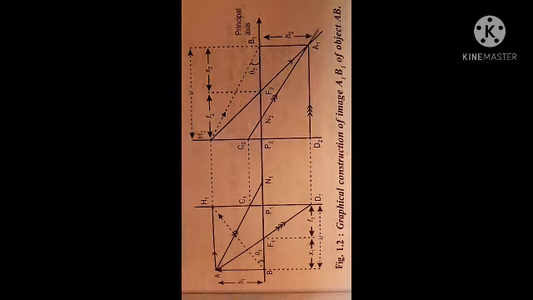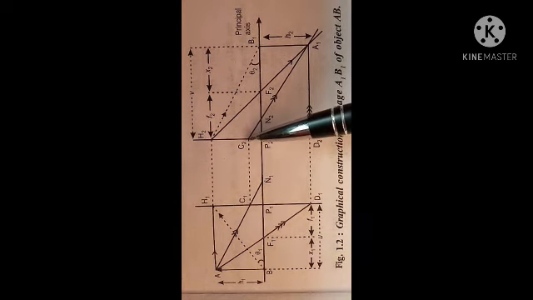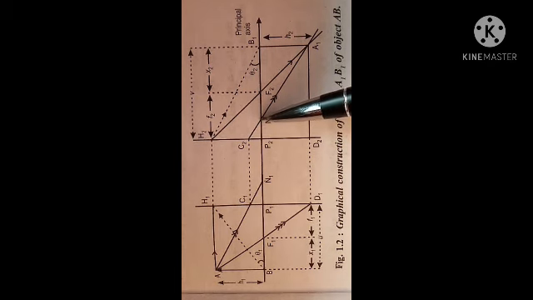Now this second ray, which intersects the principal axis, forms the first nodal point N1, and the emergent ray C2 N2 passes through the second nodal point N2 A1.